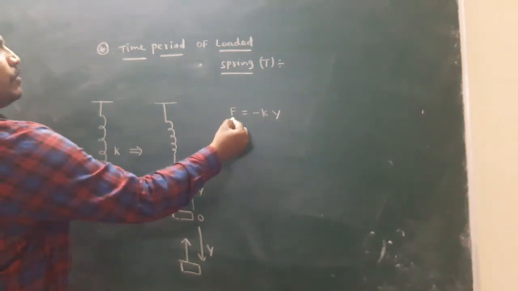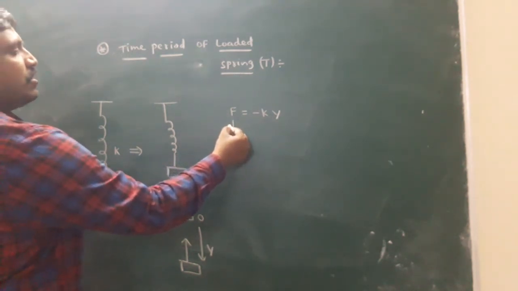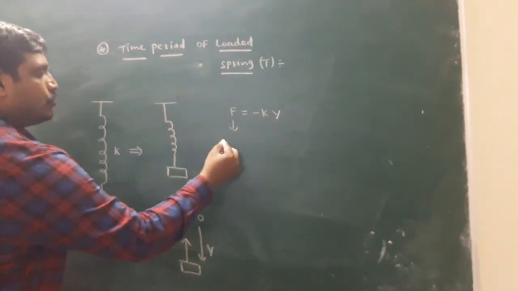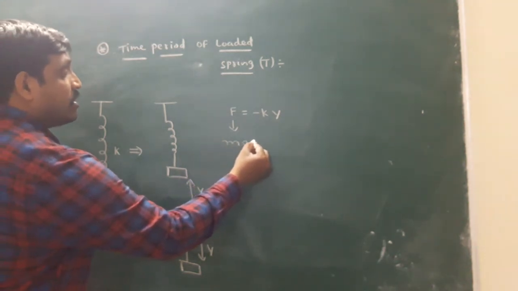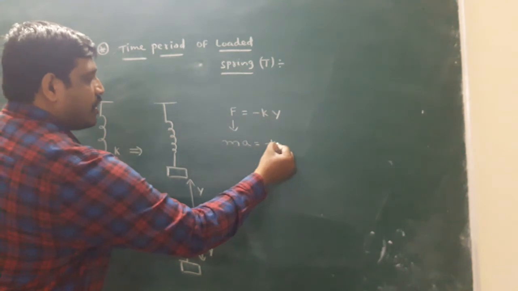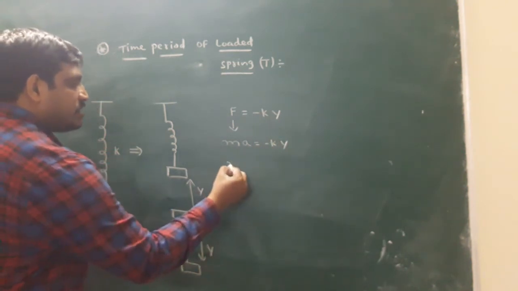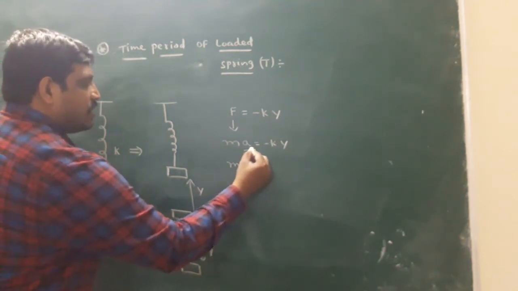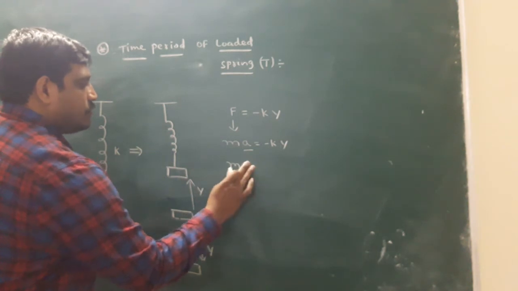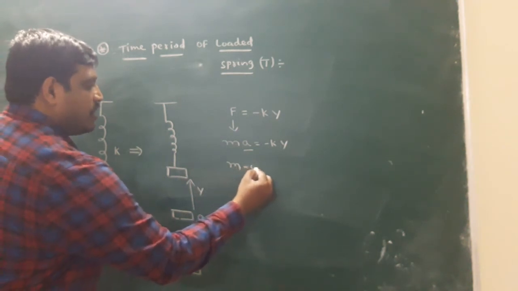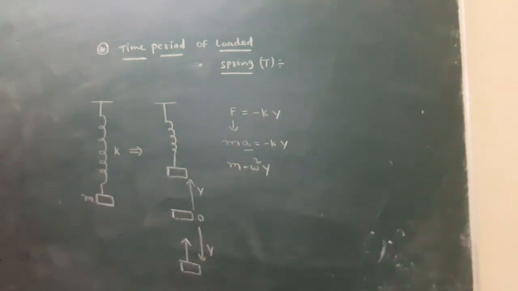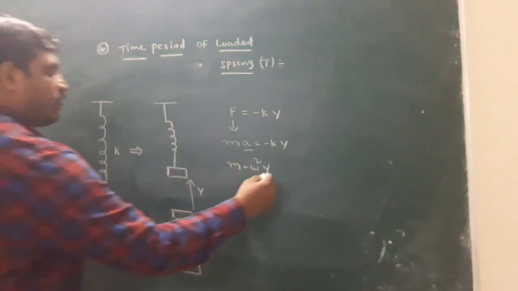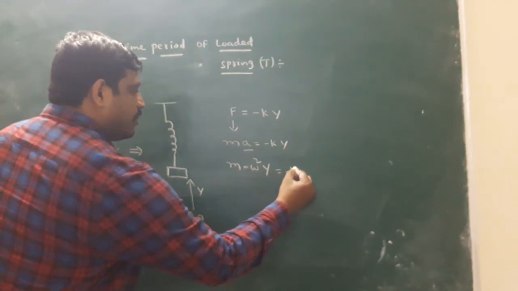But by Newton's second law, what is the F value? F equals ma, so ma equals minus Ky. In SHM, the acceleration of the particle is minus omega square y. Right side also minus Ky.